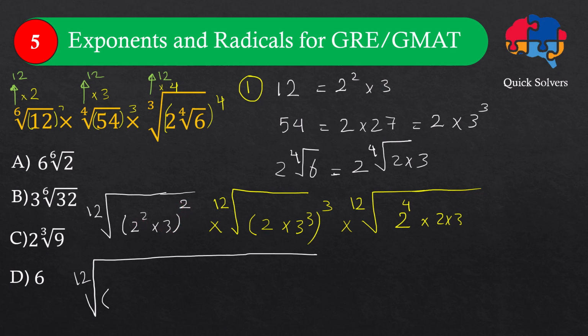Well, we know when we have a to the power of m times b to the power of n to the power of w, this equals a to the power of m times w times b to the power of n times w, okay? Then we can do that here directly. So here we have 2 to the power of 2 times 2, which is 4, times 3 to the power of 2, times the second term, we have 2 to the power of 3, times 3 to the power of 9.